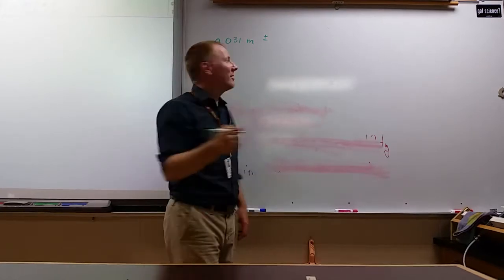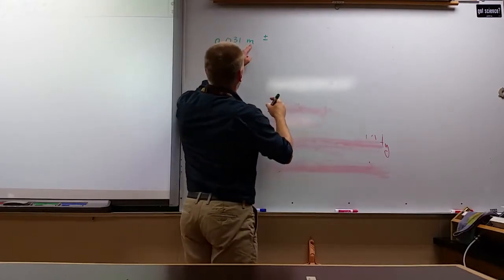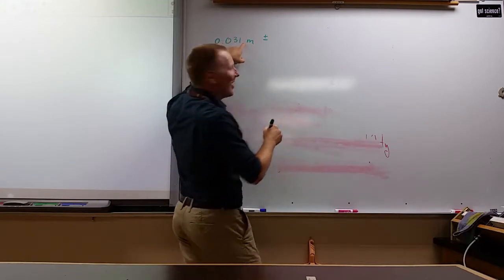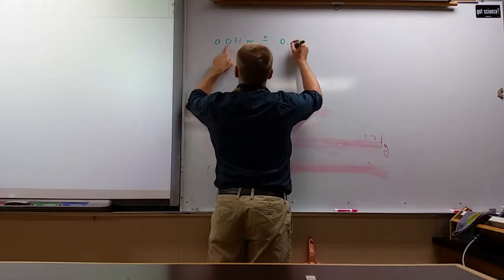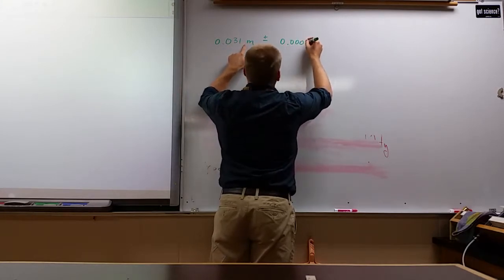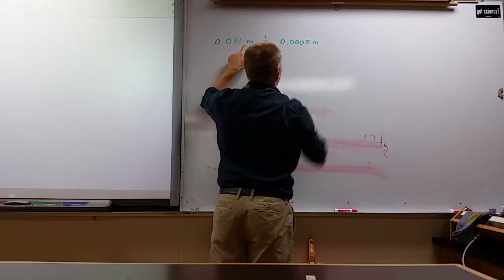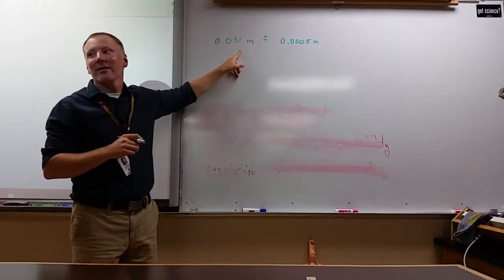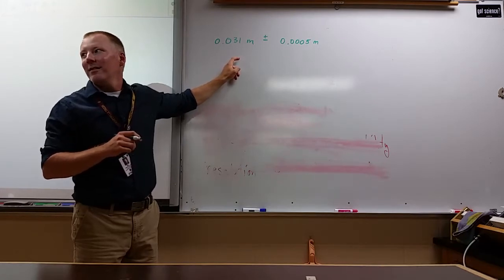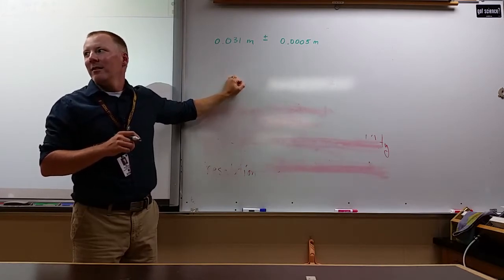Half a millimeter. So if we're in meters, how much would that be? Half of this. It'd be a 5 there. So 0.0005. Anyone have something different? Oh, we said 2.97 meters.